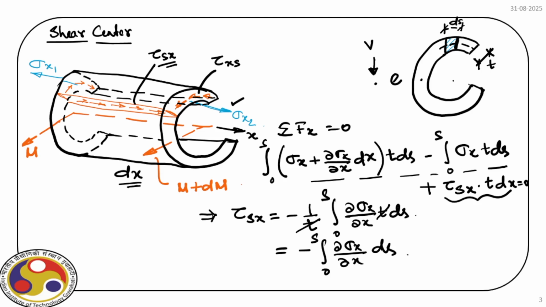So if this is somewhere here, that is the O. From this point we define this eccentricity, and in this direction we have the Z axis, and in this direction the Y axis. Let me redraw. So that is the Z axis, and here is the shear center, having eccentricity e.